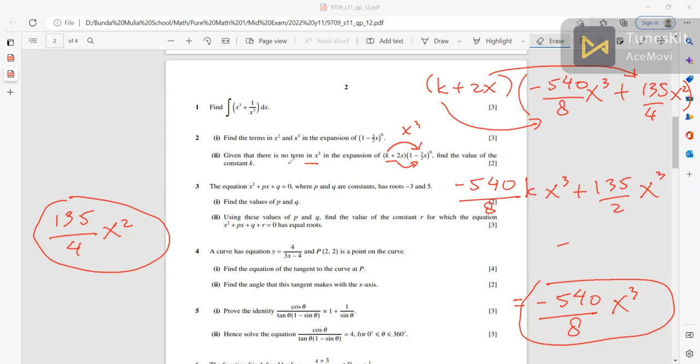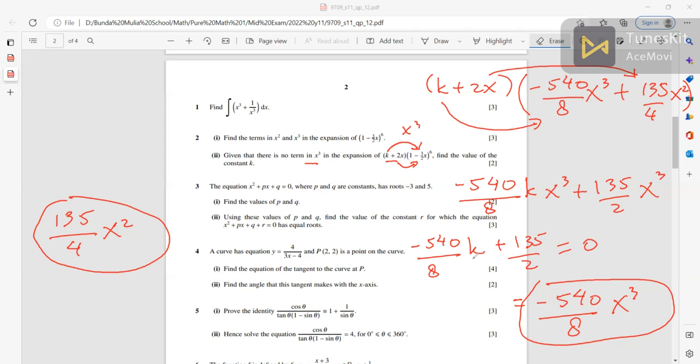If you want no term in x cubed, of course minus 540 over 8 k plus 135 over 2 must equal 0.